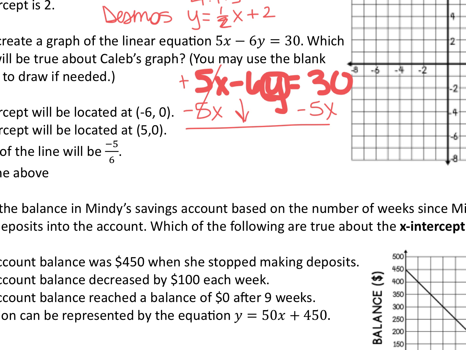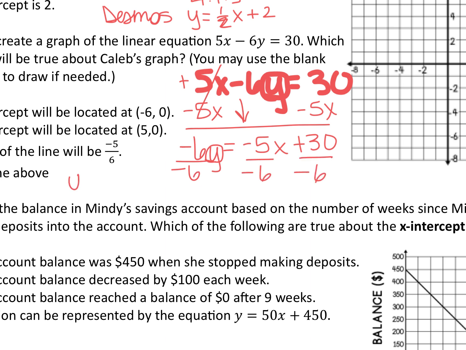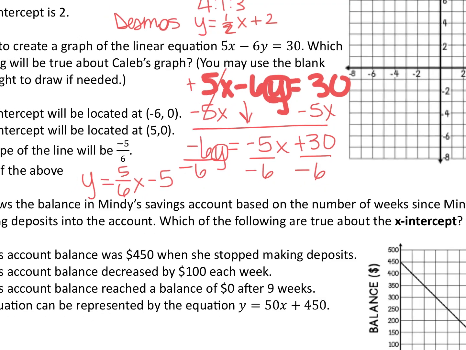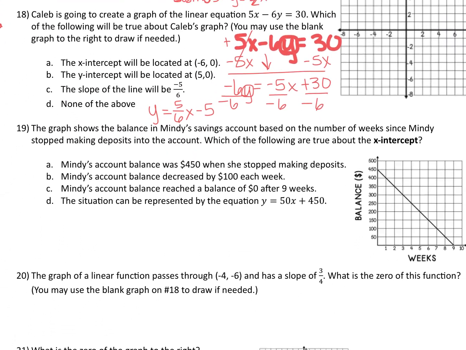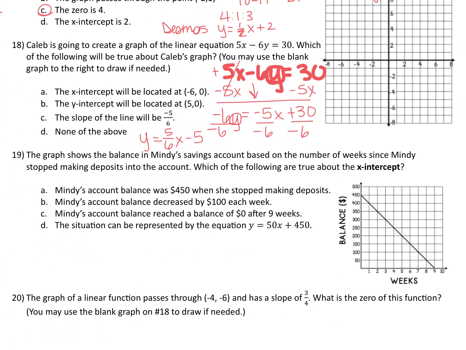Now, when you bring this down, please, please, please remember to put the negative in front of the 6. And then to get that y alone, we're going to have to divide everything by the -6. So we get y equals, a negative divided by a negative is a positive, and a positive divided by a negative is a negative.